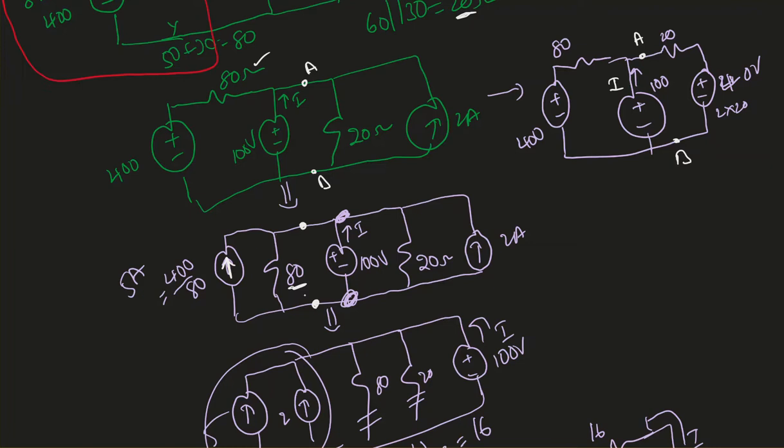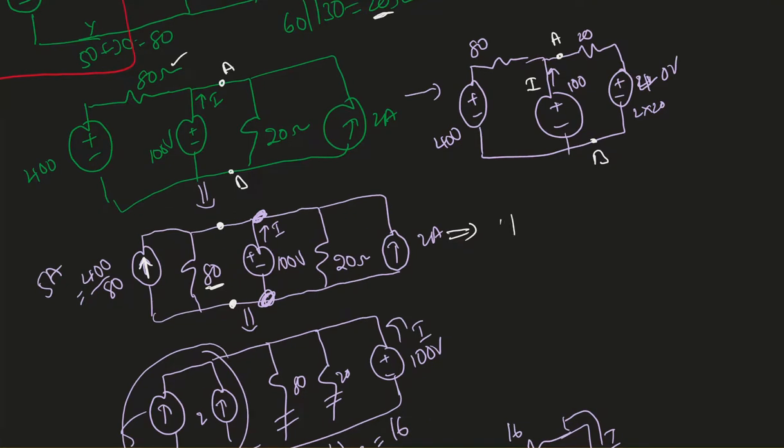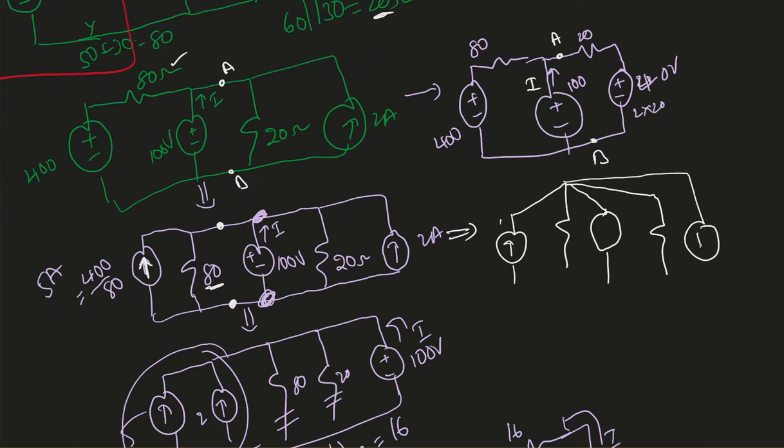Now all these elements exist between the same nodes. So I have 5 ampere, 80 ohm and the voltage source, and then 20 ohm, and then 2 ampere. Okay, so everything is connected right there.